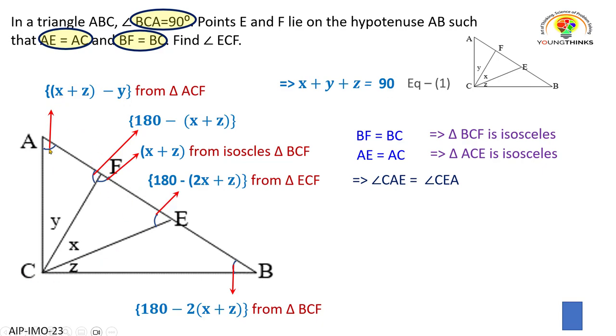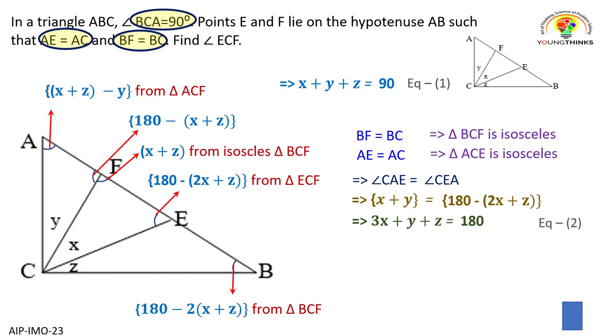So x plus z minus y here is equal to 180 minus 2x plus z there. If you open the bracket and rearrange it, you'll get 3x plus y plus z is equal to 180 degrees, which is your second equation.